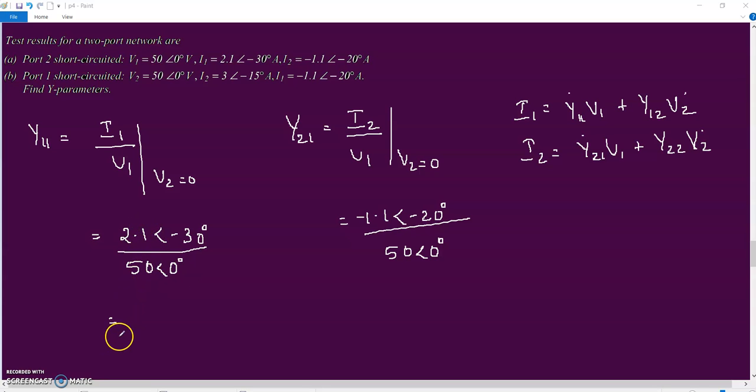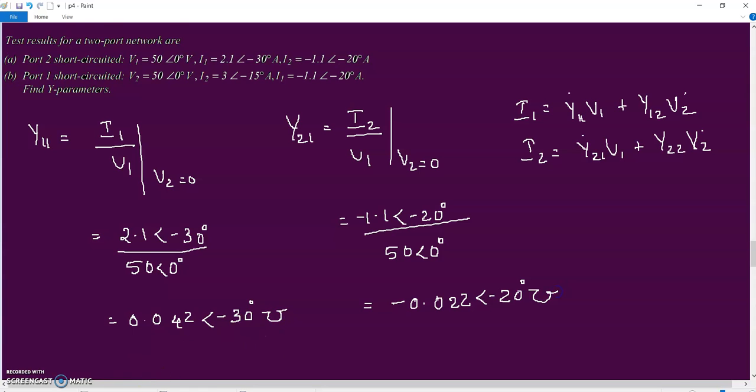Y11 comes to around 0.042 angle minus 30 degree mho. The unit of admittance is mho. Here we have Y21 equal to minus 0.022 angle minus 20 degree mho.